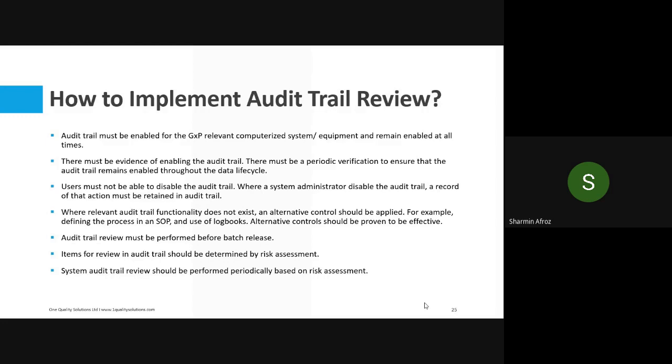Okay, there is a reference. It is 21 CFR 11.3. You can check. I have taken this question from a paper of Bob McDougall.